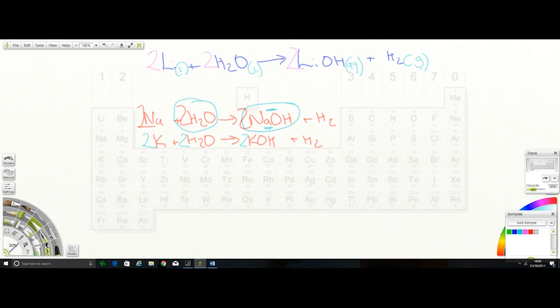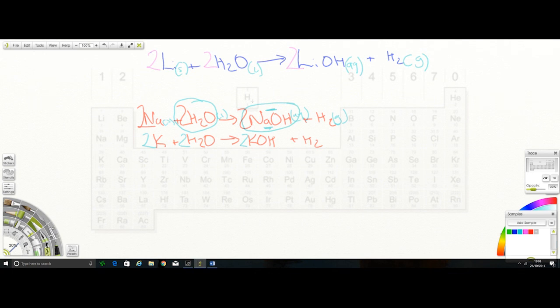So that's what the gas stands for, the fact that it's a gas. Aqueous here means that it's something mixed in water, so this lithium hydroxide is going to be mixed in water, so we call it AQ for aqueous. Water is always a liquid, lithium is the solid. So in this case, the sodium would be a solid, the water would be a liquid, this is going to be an aqueous solution, so AQ, and this is going to be the gas that's given off.